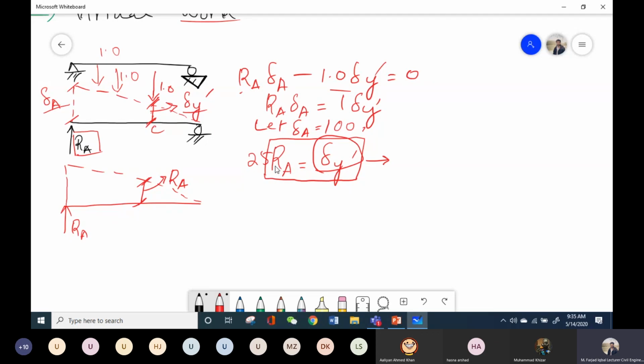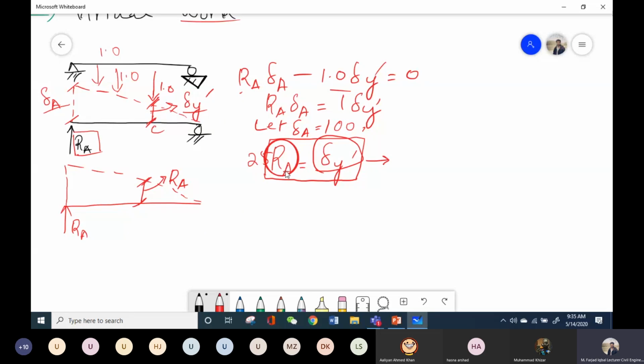So obviously there is a term of reaction in every case. In this case, we are doing it for the unit load. For the understanding at this point, I have said that it is equal to 1, and for that case we can equate the deflection and reaction, right?